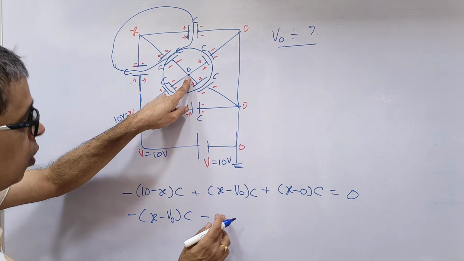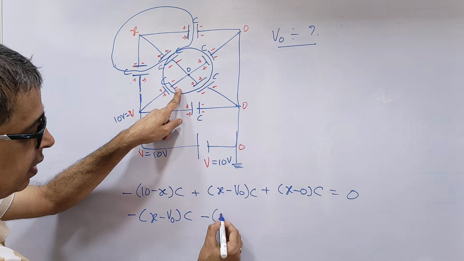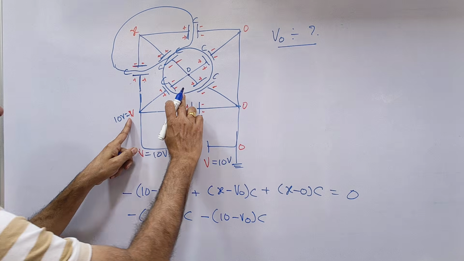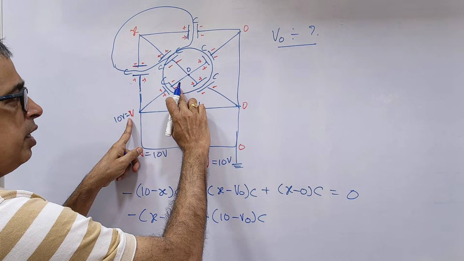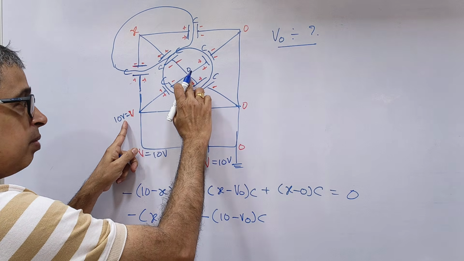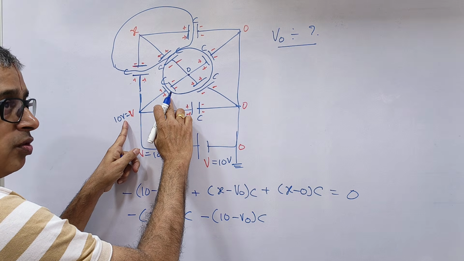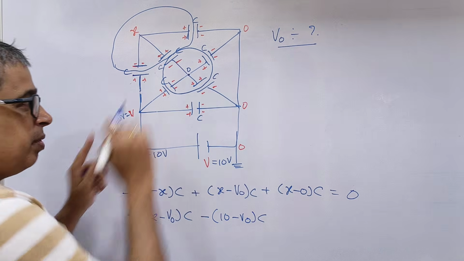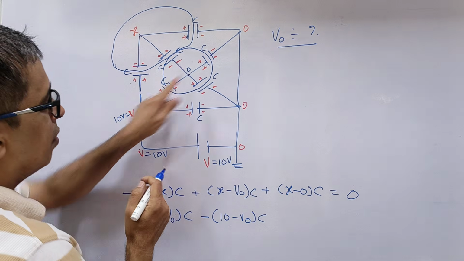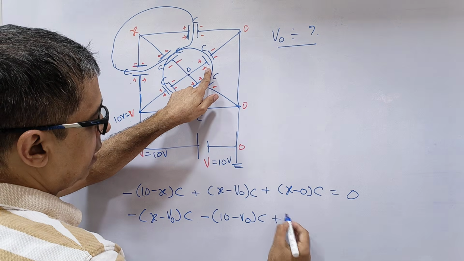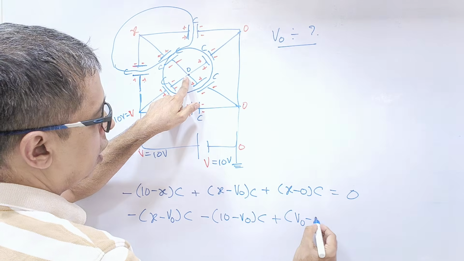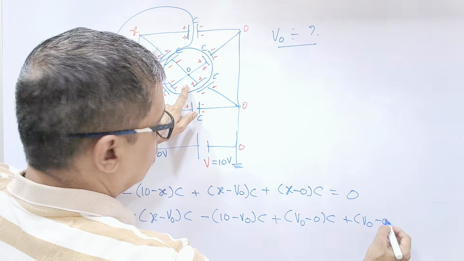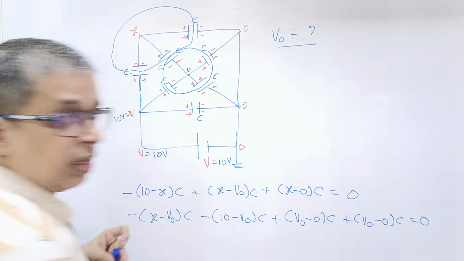Why will you take 10 minus V naught? Because this side is positive charge, so 10 will be considered higher than V naught. Now come over to this plate: plus of V naught minus 0 into C should be equal to 0.